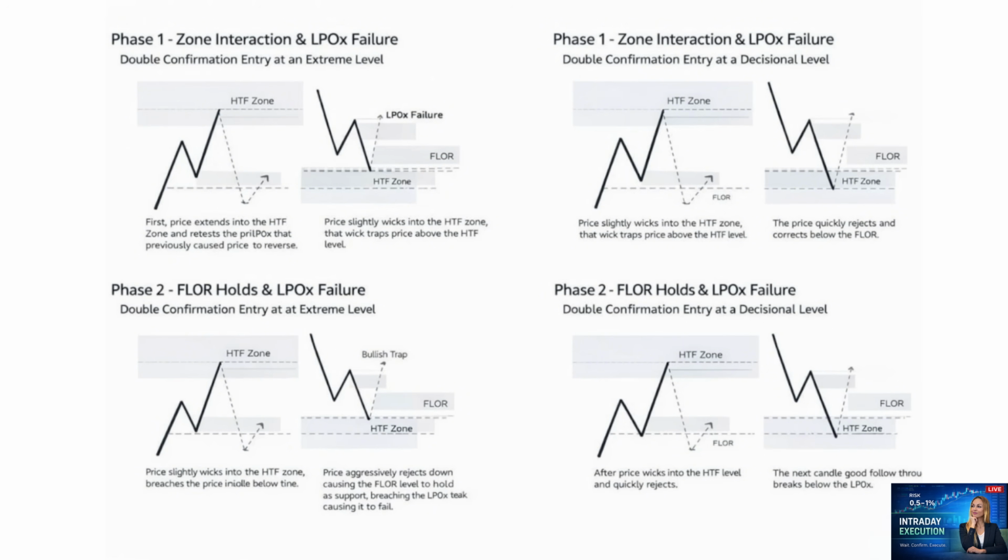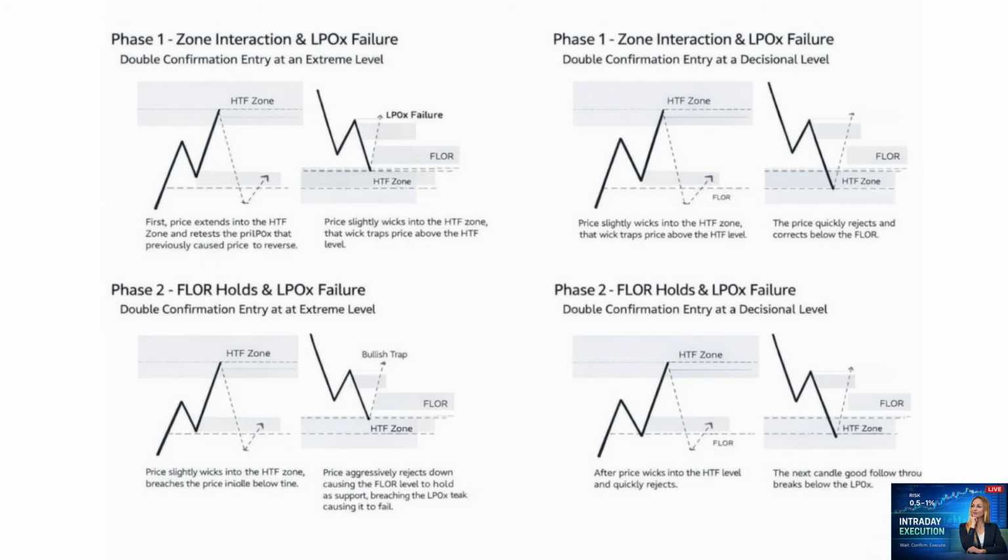An important thing to note here is that our last point of supply has in fact failed, confirming that this was a true sweep of structural liquidity, and because of this and the fact that the extreme has taken liquidity, we are able to trade from a decisional level. And again, this is a decisional level because if we are looking at a bullish structural range, we will be using this higher low and this higher high to form our structural range for this bullish situation.